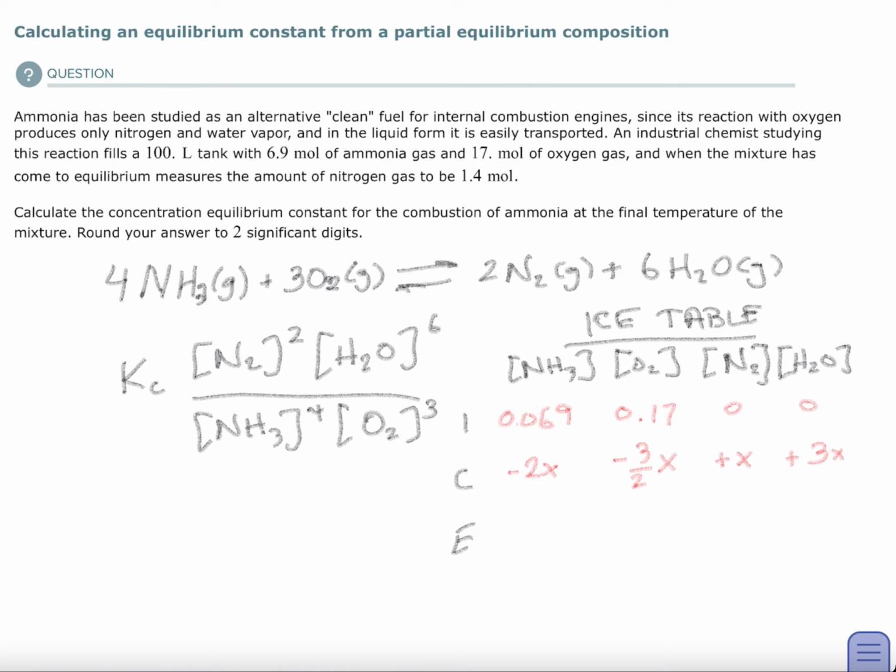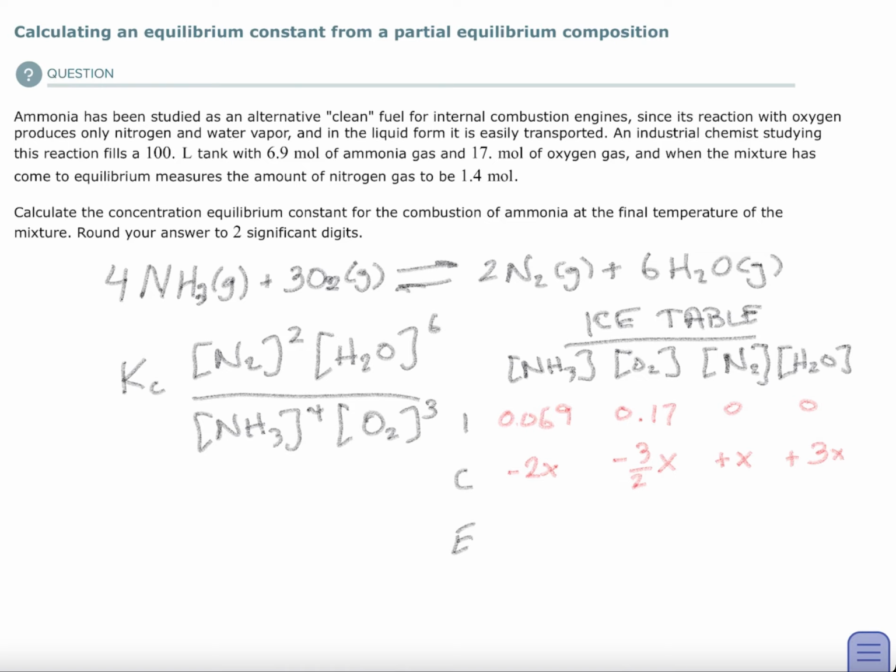There's 4 ammonias and 2 nitrogens. So that means twice as much ammonia is going away as nitrogen is being produced. Going away is going to give me a negative x, and if it's going away twice as fast as nitrogen is being made, then it's minus 2x. I hope you can figure this out.